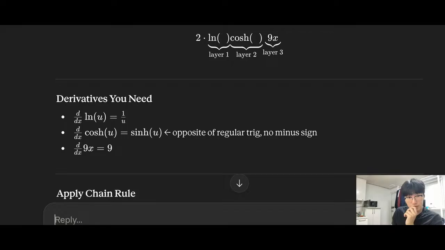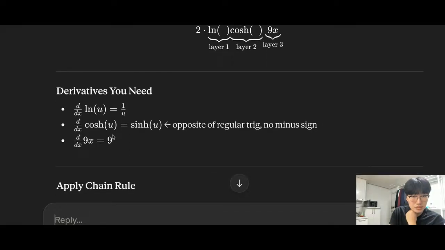The derivative of cosh is sinh. Opposite of regular trig, no minus sign. And the derivative of 9x is just 9. Huh, I didn't know that.